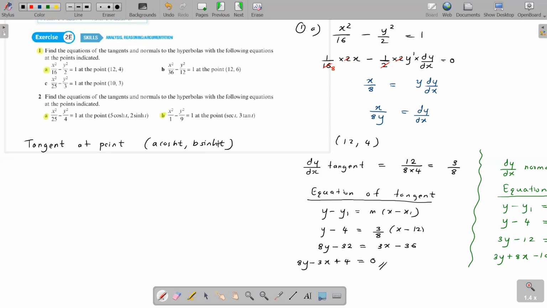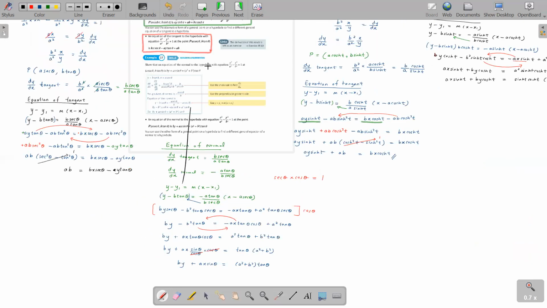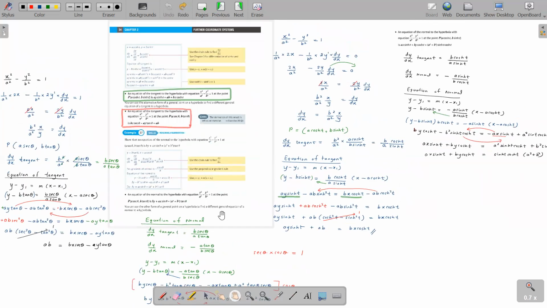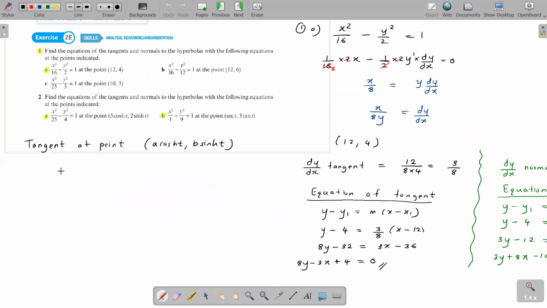So what was the proof that we did earlier? The tangent at A cos t, B sin t is AY sin t plus AB equals BX cos t. Am I correct?